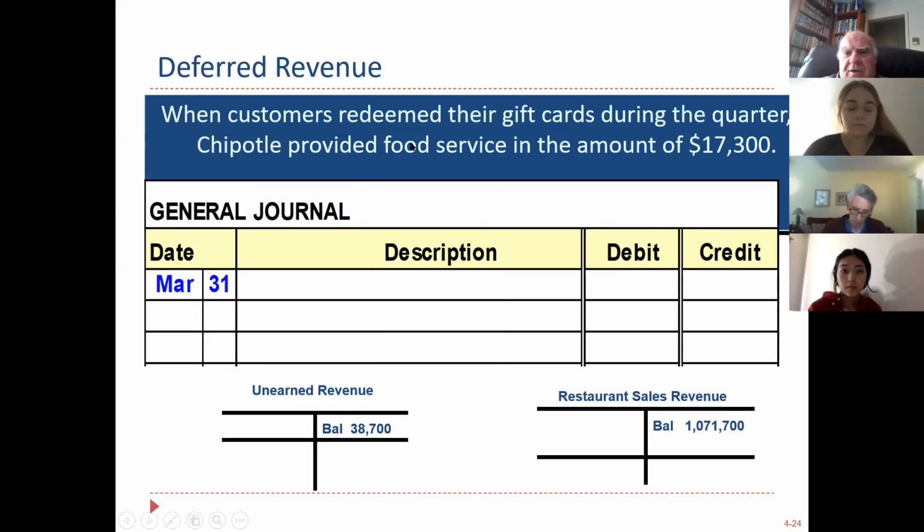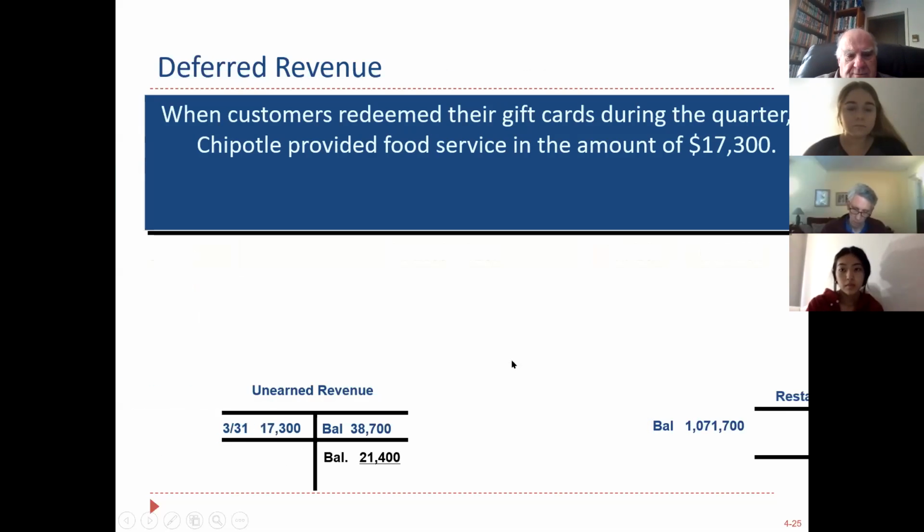When customers redeem their gifts during the year, Chipotle provided food service in the amount of $17,300. Here is the amount they actually paid out in terms of food. People came in and used $17,300. There was 38,000, and there were $1,701,000 still unclaimed.